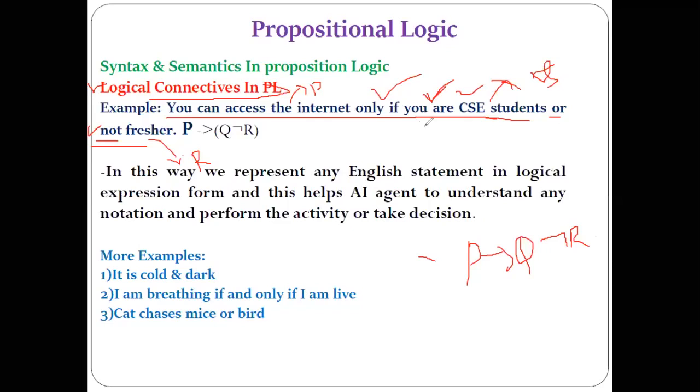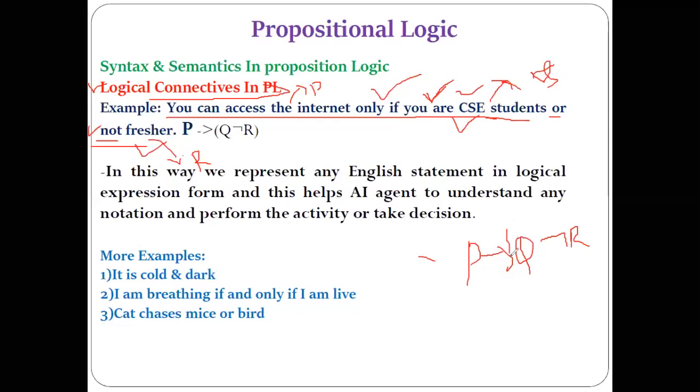How many conditions are there in this sentence? If you want to access the internet, there are 2 conditions. First, you should be a CSC student, and second, you should not be a fresher.